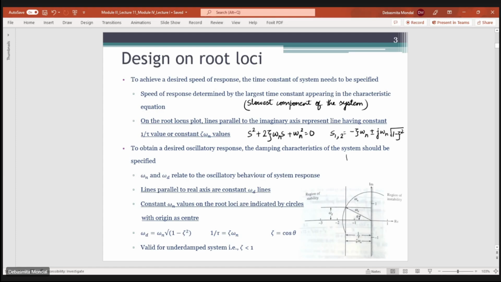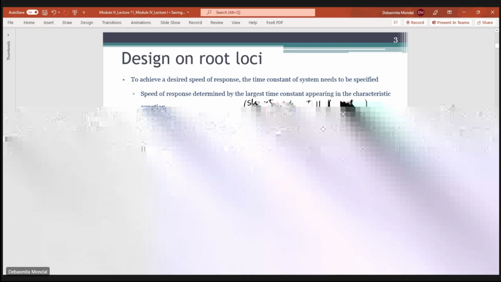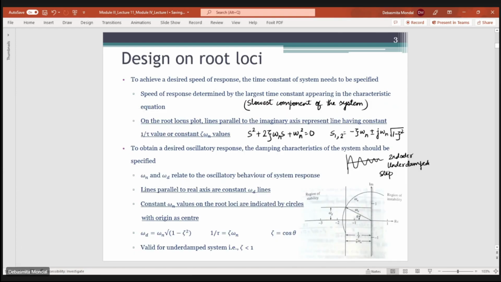So the step response of an underdamped second order system looks something like this. The output is an oscillatory response.